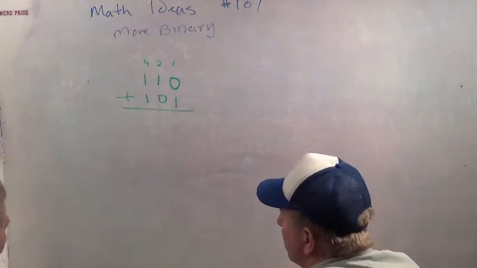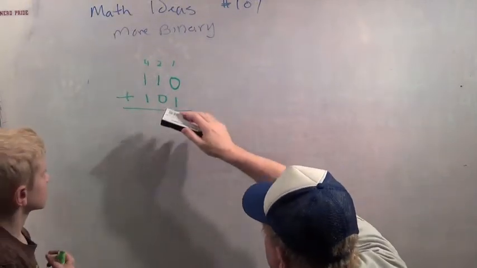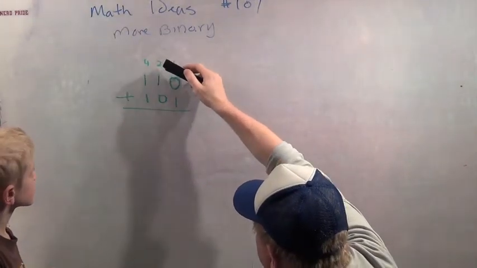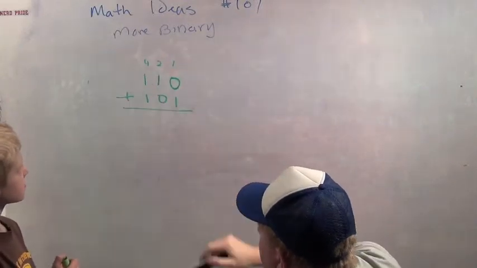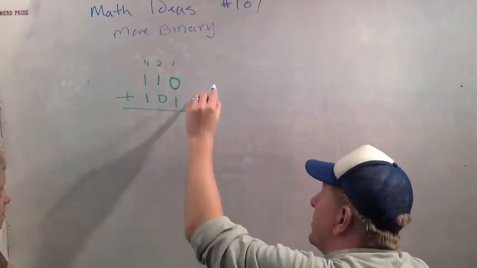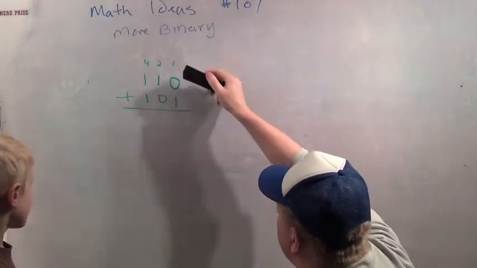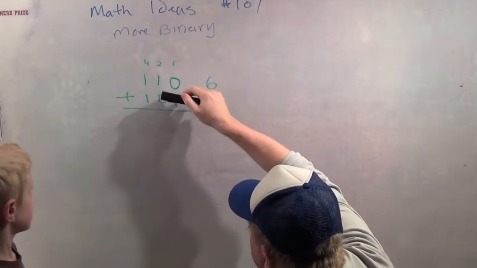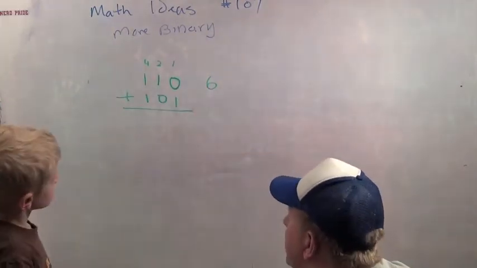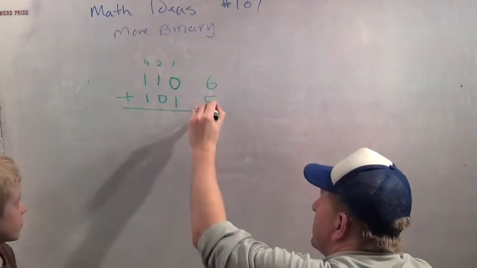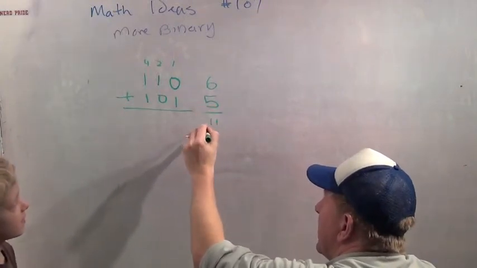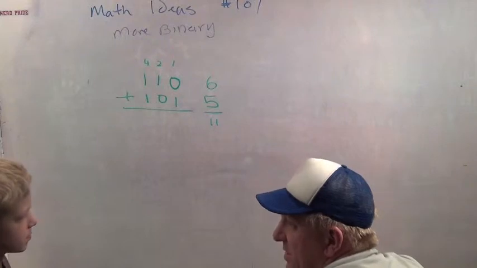So let's just check first what these numbers are. 1 times 0 plus 2 times 1 plus 4 times 1. What is that? 6. Very good. 1 times 1 plus 2 times 0 plus 4 times 1. What is that? 5. And so what should we get? 11. But not 11 in base 2, but 11 in base 10.